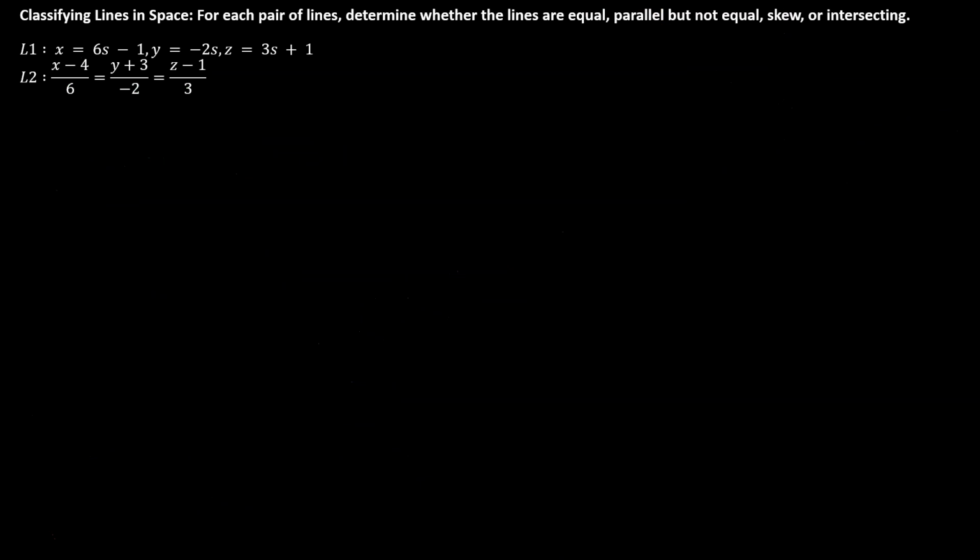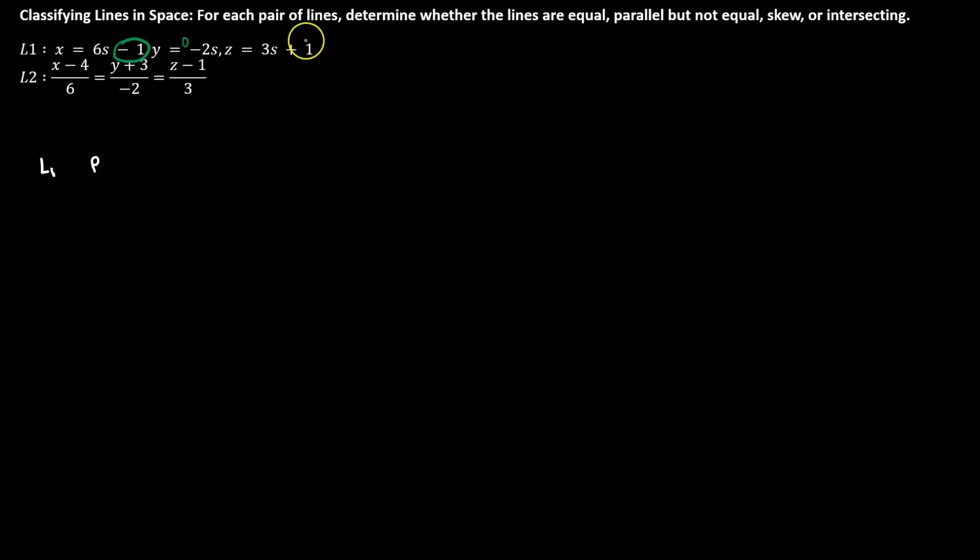We have another set of lines to look at. Again, we want to find out if they're equal, parallel, skew, or intersecting. So we start by extracting the information that we have from each line. From line 1, the point that I can see on the line comes from the constants in the parametric equations. So I have a -1 constant. In the y equation, there is not a constant, so there would have been a 0 in there.